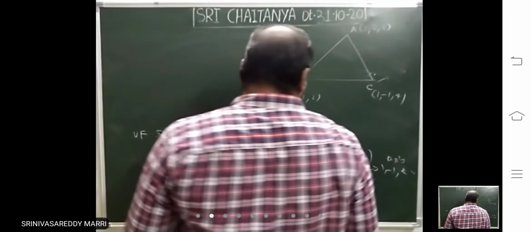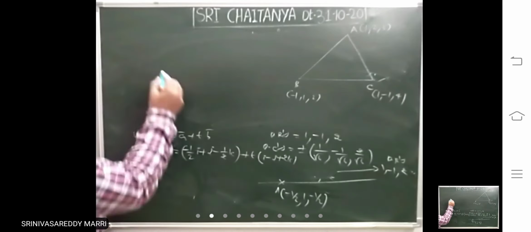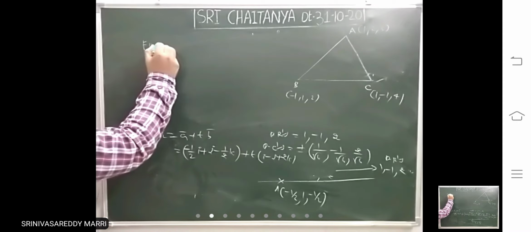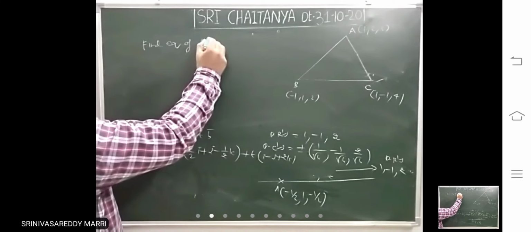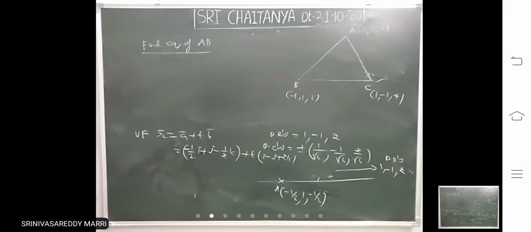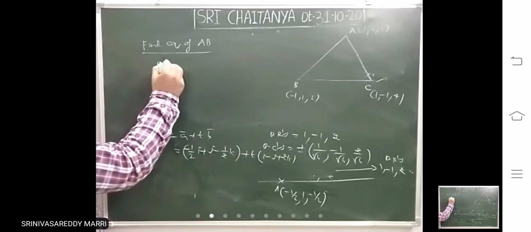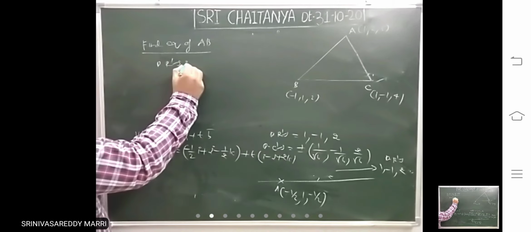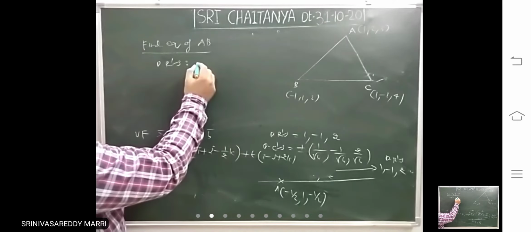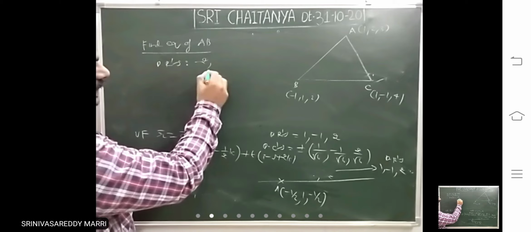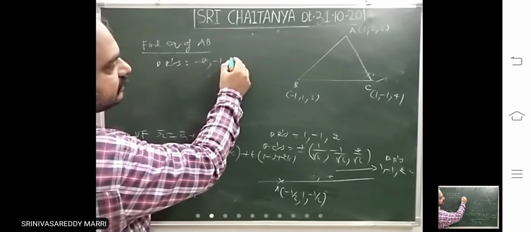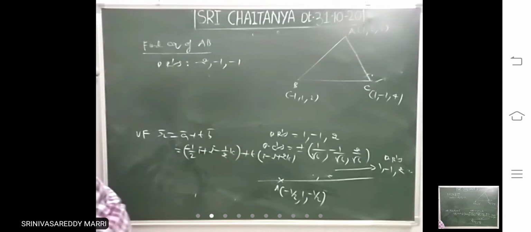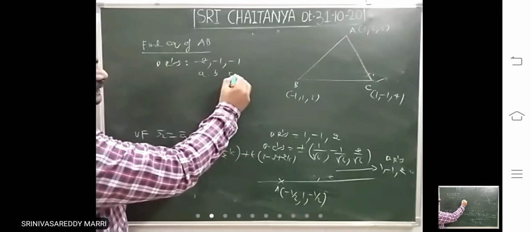Find the equation of AB. First calculate the DRs: x2 minus x1 gives minus 2, minus 1, minus 1. These are a, b, c.